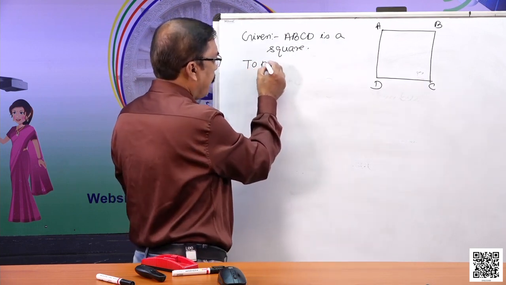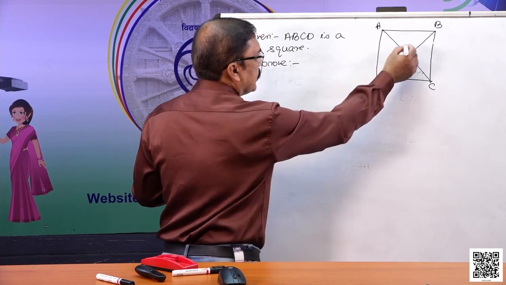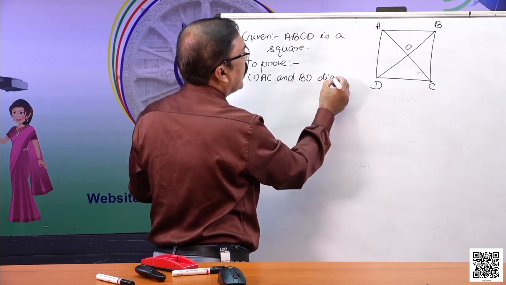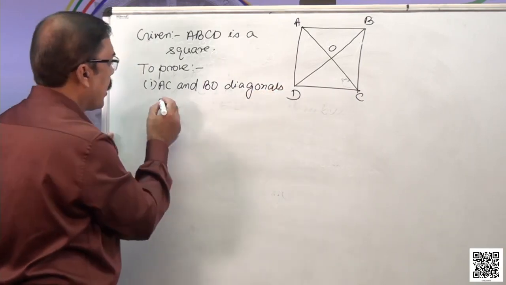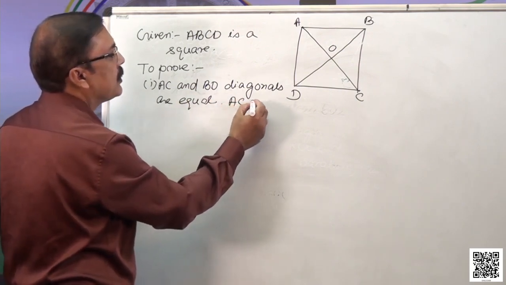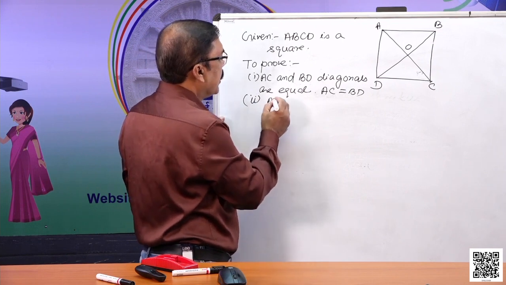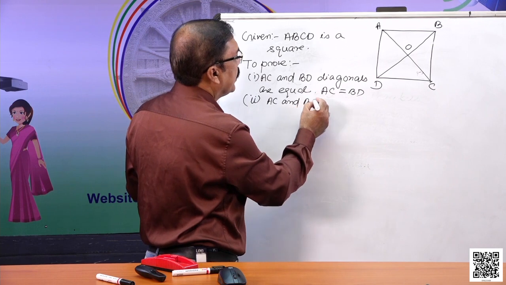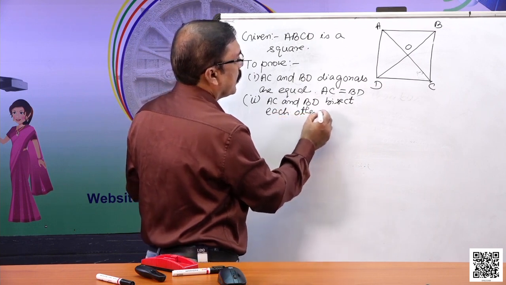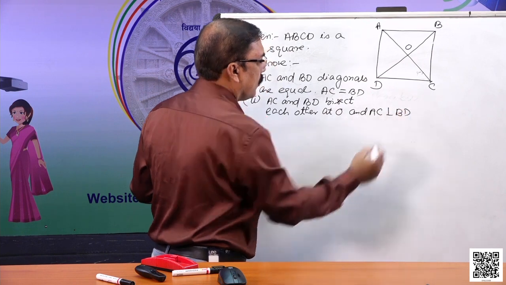So, to prove that the diagonals AC and BD are equal, that means we can write simply AC is equal to BD, and also the second part says that AC and BD bisect each other at O and AC is perpendicular to BD.